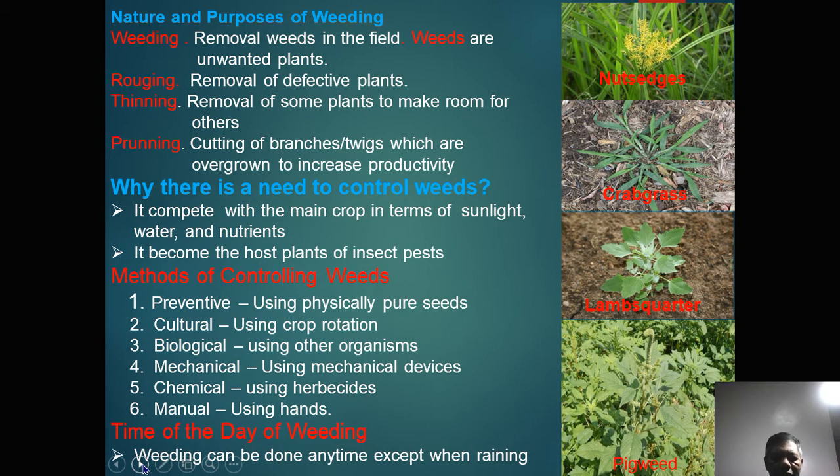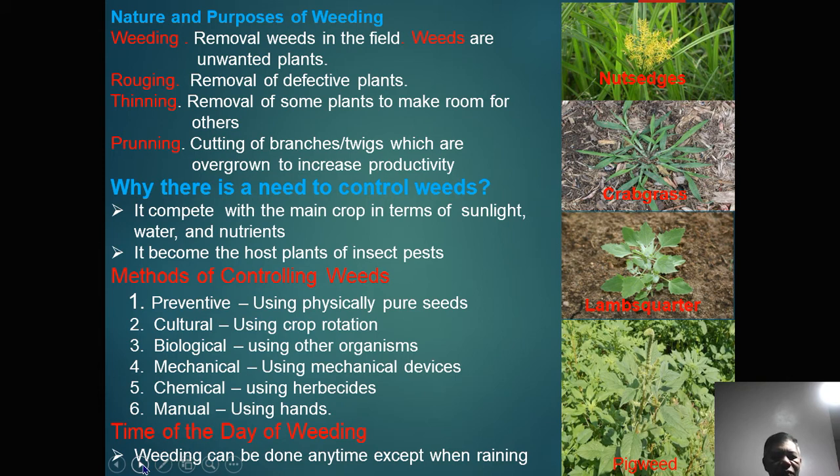But the term rogueing applies not only to the growing of crops or plants, but also even in seedling production, while the plants are still in the seed bed under seedling stage.